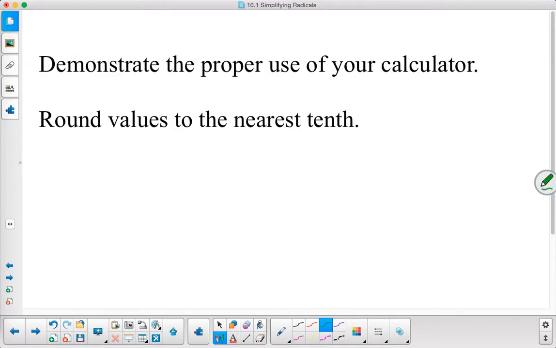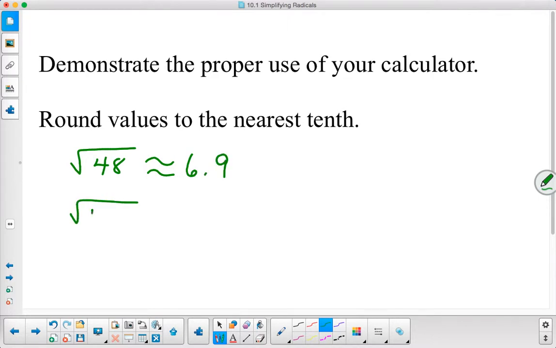Okay, what we did on the calculator was we just did some square roots. Square root of 48. We grabbed our calculator, and when you do that, square root of 48 to the nearest tenth would be 6.9.